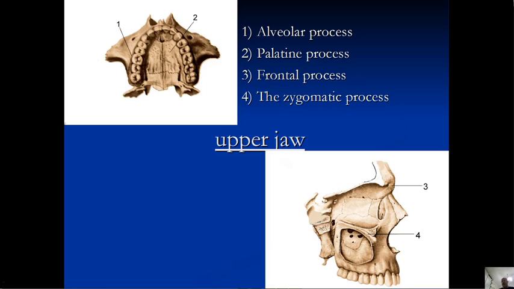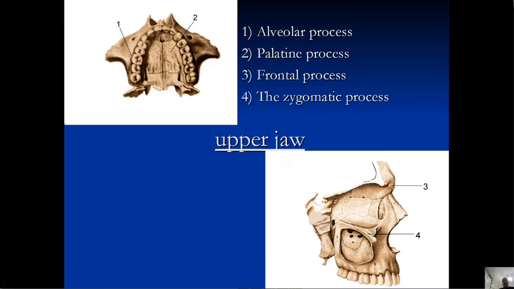These form the posterior part of the hard palate and also the side walls of the nasal cavity. Zygomatic bones, also known as cheek bones, form the upper part of the cheeks.